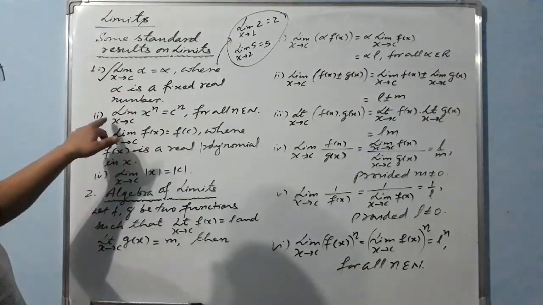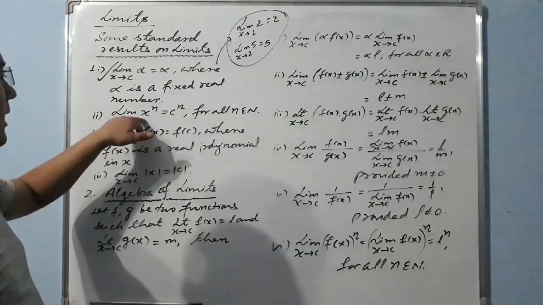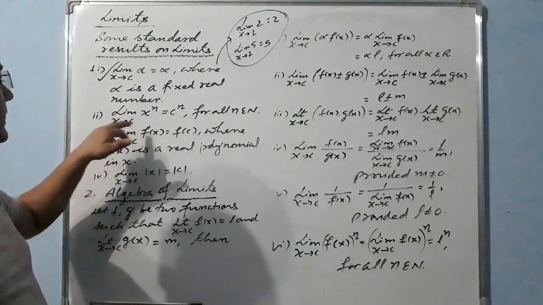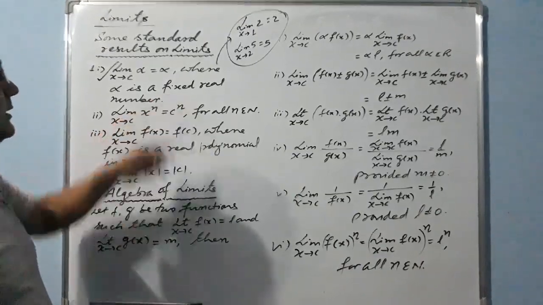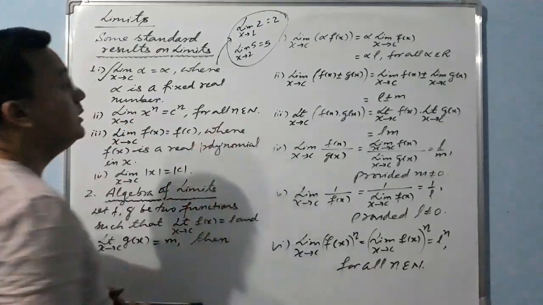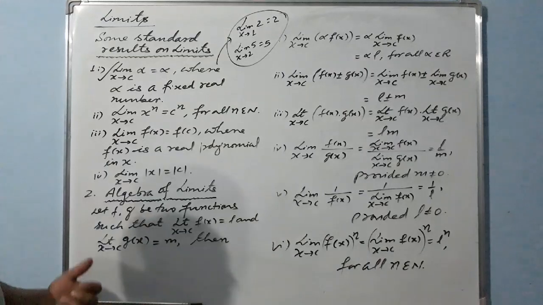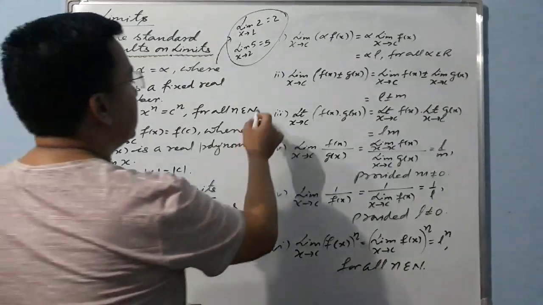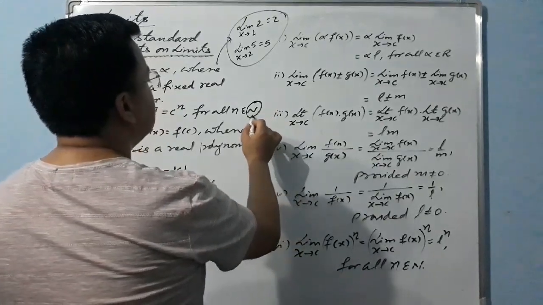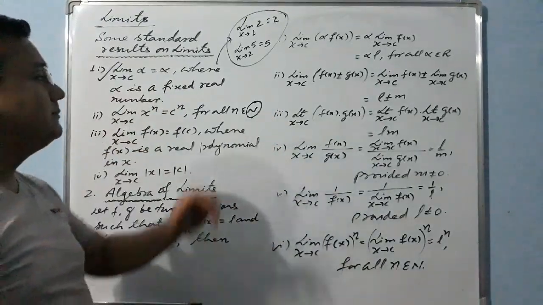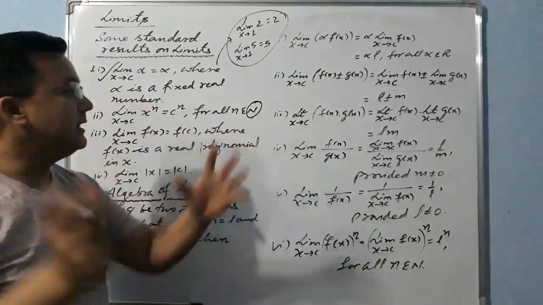Second: limit of x raised to power n as x tends to c is equal to c raised to power n. It works for all n belongs to capital N, where capital N means the set of natural numbers.